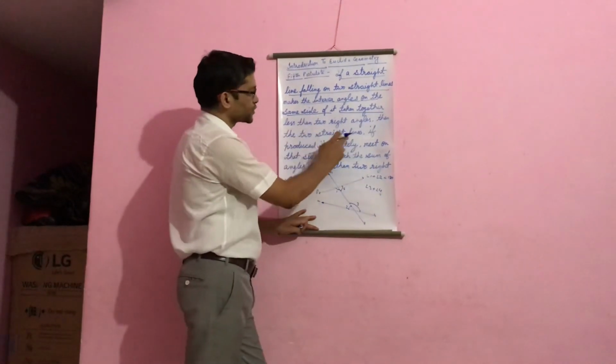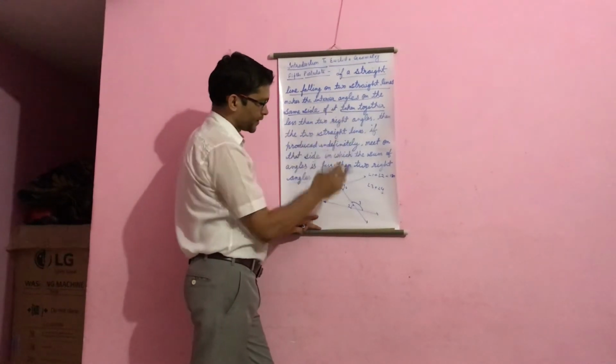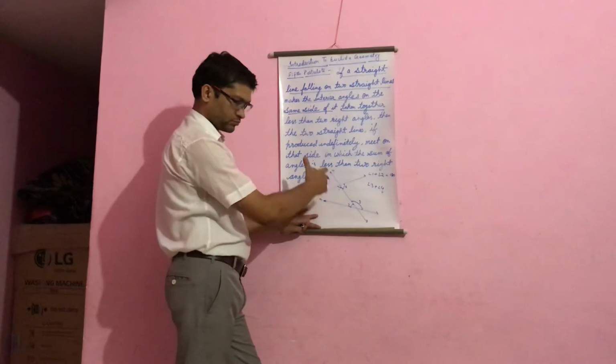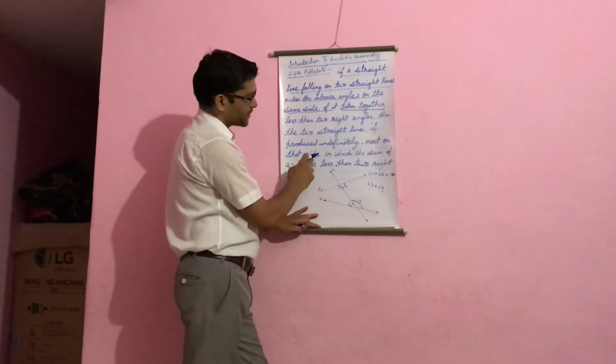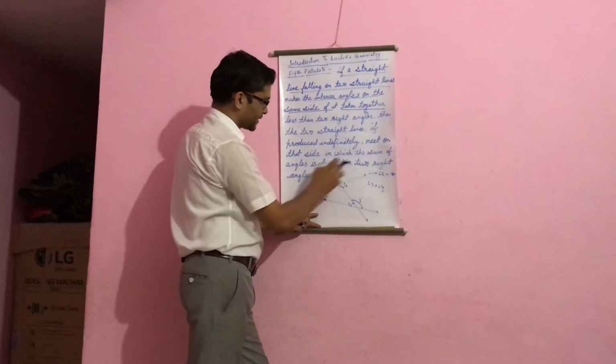Then if the two straight lines are produced indefinitely, if we produce these two straight lines indefinitely on either side of the transversal, then they meet on that side on which the sum of the angles is less than two right angles.